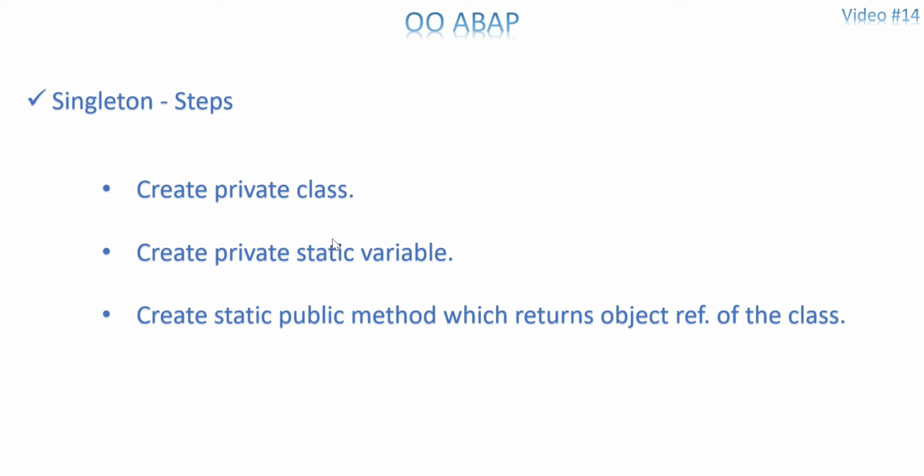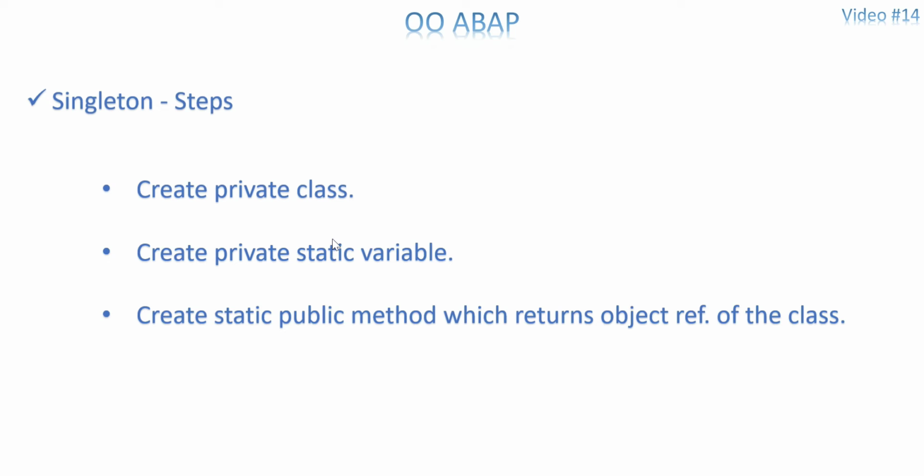And then create a static public method. It's a public method which returns the object reference of your class. The object reference of your class has to be generated inside your class only, because it's a private class, so you're not able to create any object outside of your class. That is the reason you need a static public method.